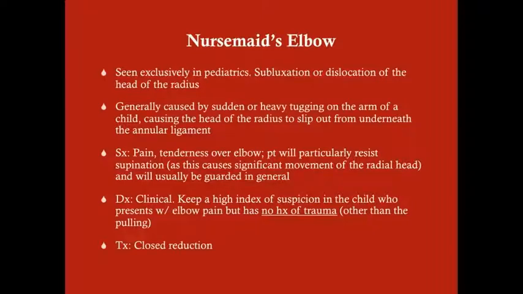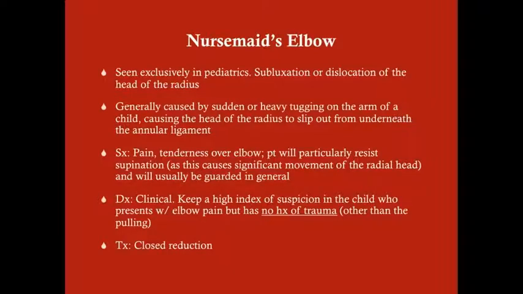So it's not like falling down off your bike or anything. So a lot of times the parent's not going to know what caused this pain. But it's very important that you know that this is a common thing that happens in kids, and it should be your number one on your differential for elbow pain when there's no history of trauma.